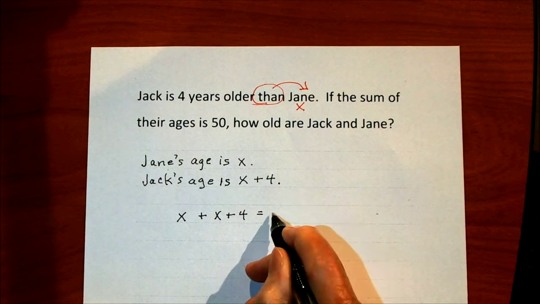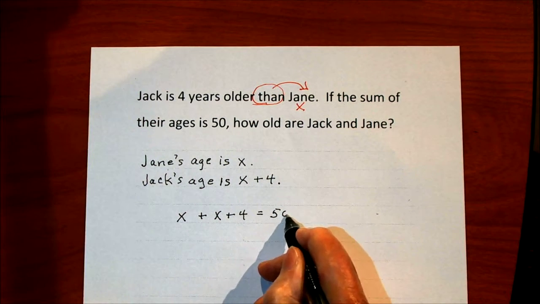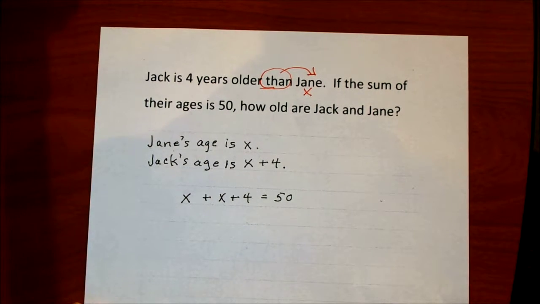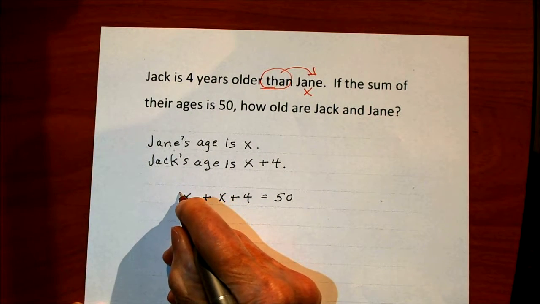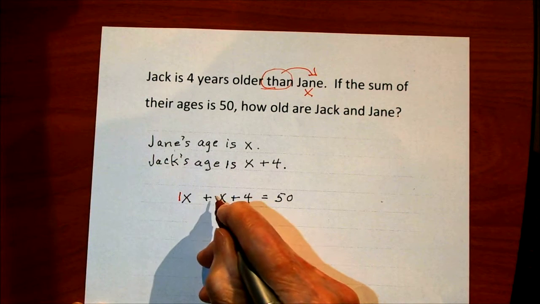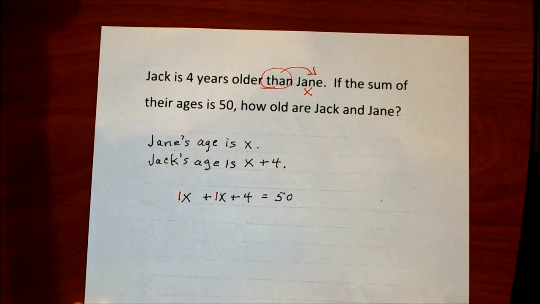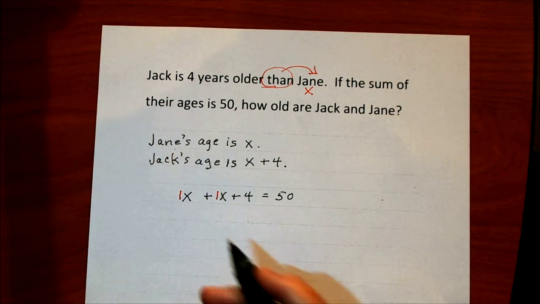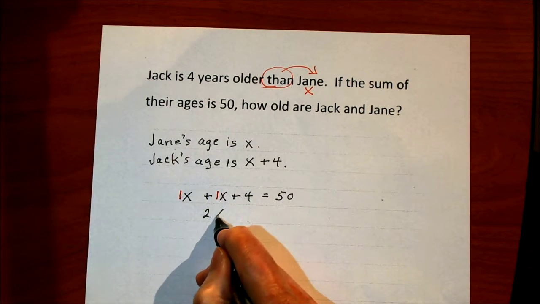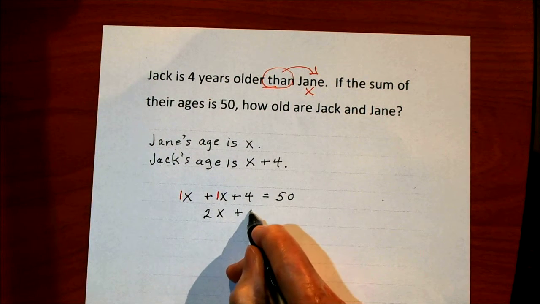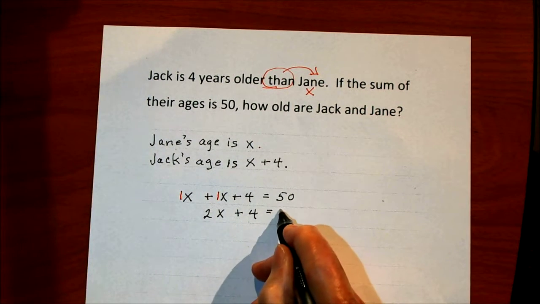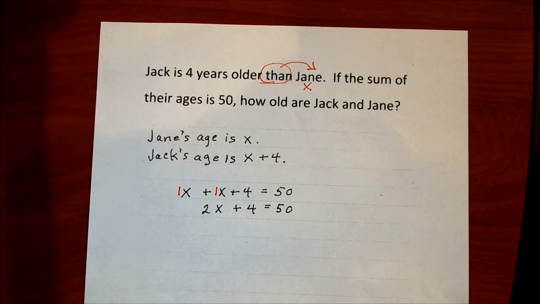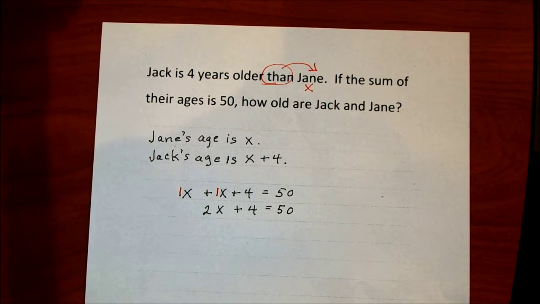Now, to solve this equation, we simply combine the x's. And by the way, there is a 1 understood in front of the x. So 1x plus 1x is 2x plus 4 equals 50. Now, we want to solve for x, meaning we want to get x by itself on the left side of the equal sign.